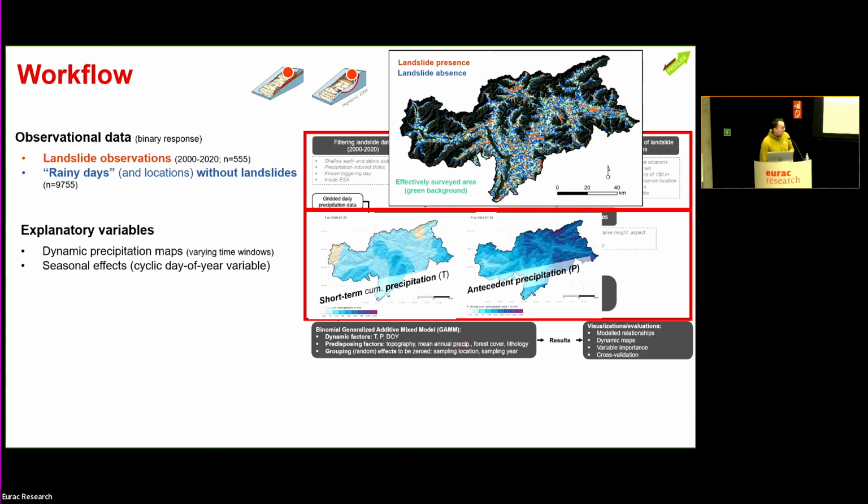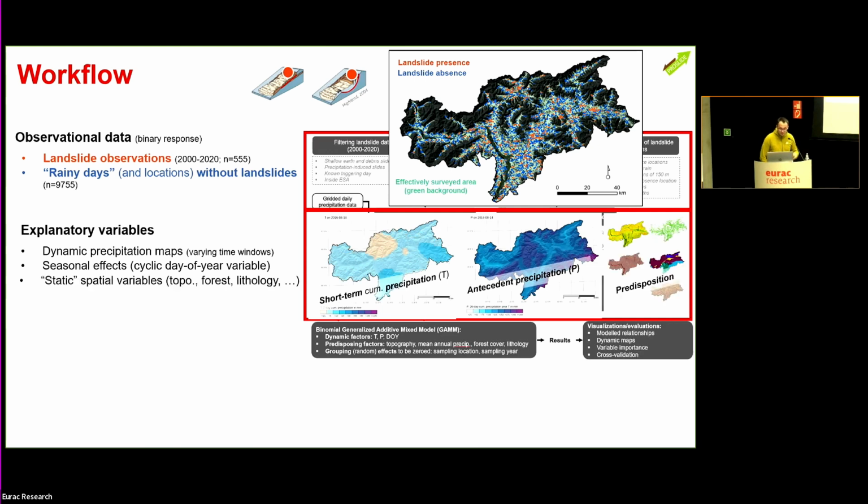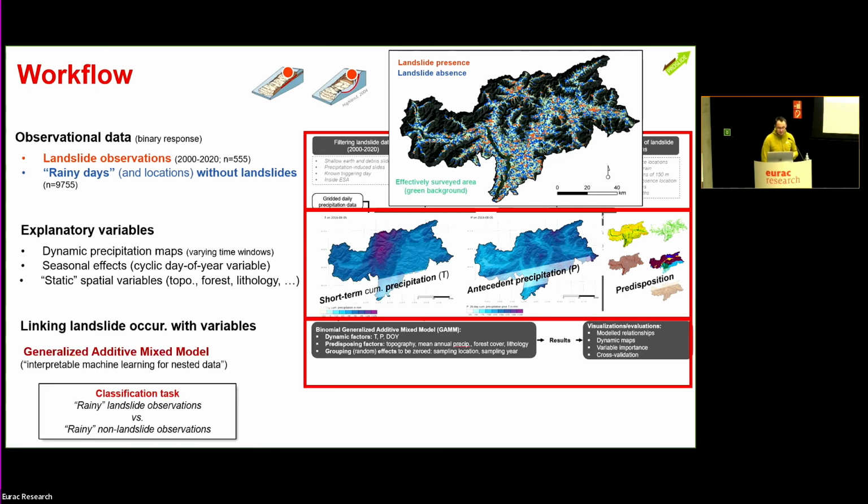And we analyzed them in terms of different explanatory variables, so dynamic precipitation layers. For instance, short-term cumulative precipitation, so this is rather the trigger. Antecedent precipitation, so a proxy for the soil moisture. We included some seasonal effects and also typical variables that relate to landslide predisposition: slope angle, curvature, forest cover, lithology, so some proxies also for the underlying material.